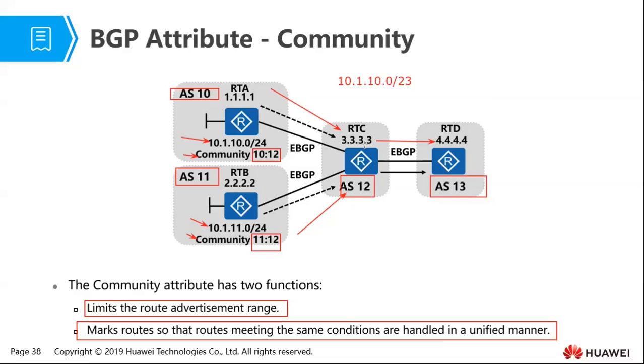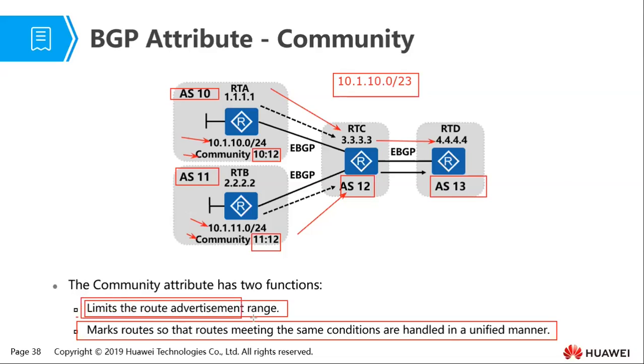Now, after doing that, we can also say that this network that you've received from RTA, from AS10 or from AS11, we do not want you to advertise it further.